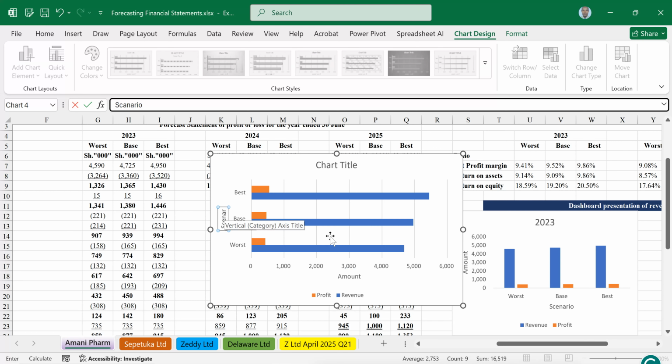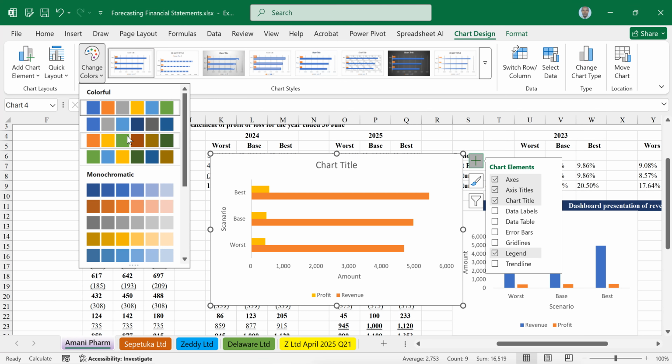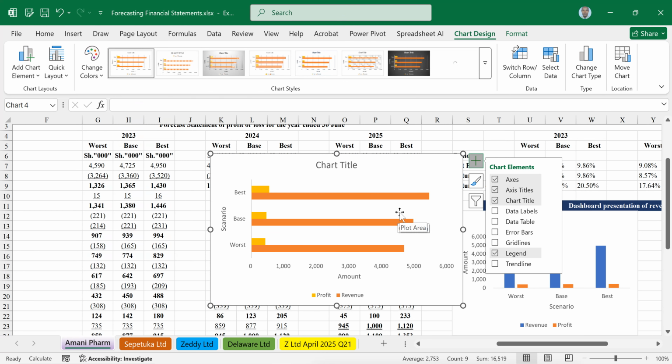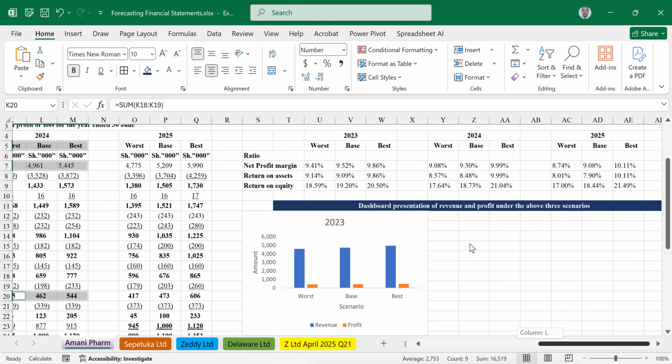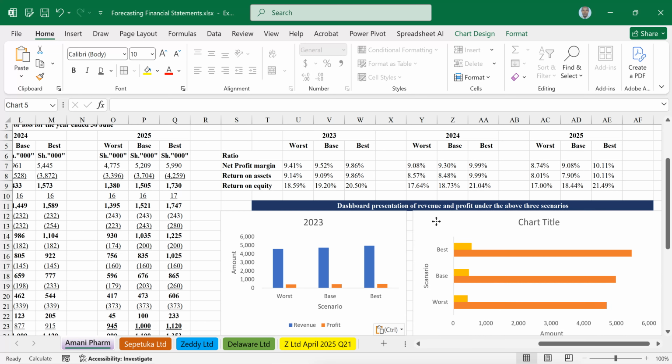You don't want the grid lines, then you can also change the colors. Cut and place it here. That is our chart again.